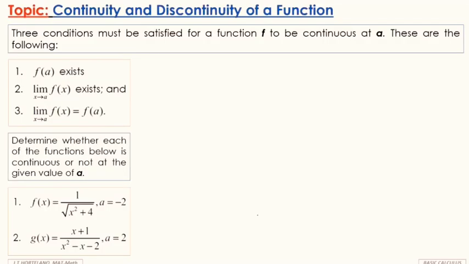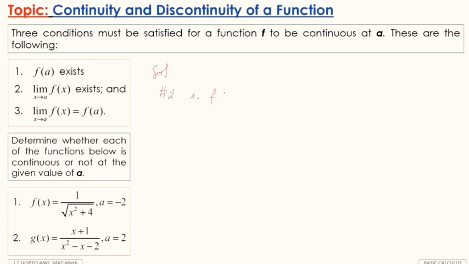Sorry. For problem number 2, we have g of x is equal to x plus 1 over x squared minus x minus 2, where a is equal to 2. So first condition, para hindi maging redundant yung number, ito na lang pala. For first condition, we will try f of a.